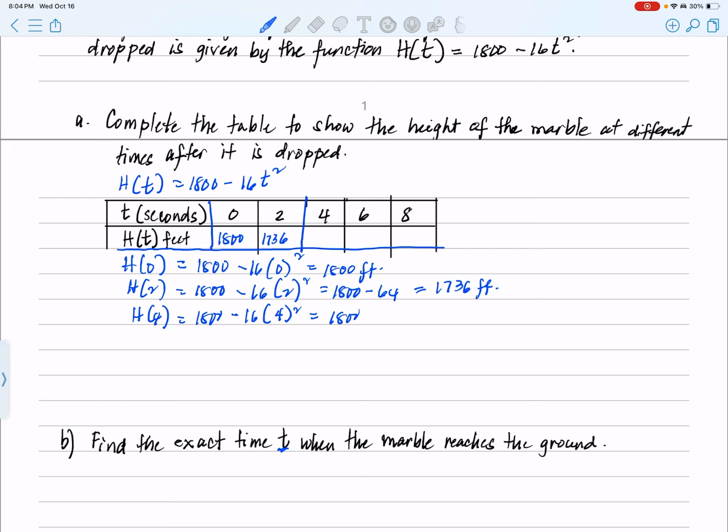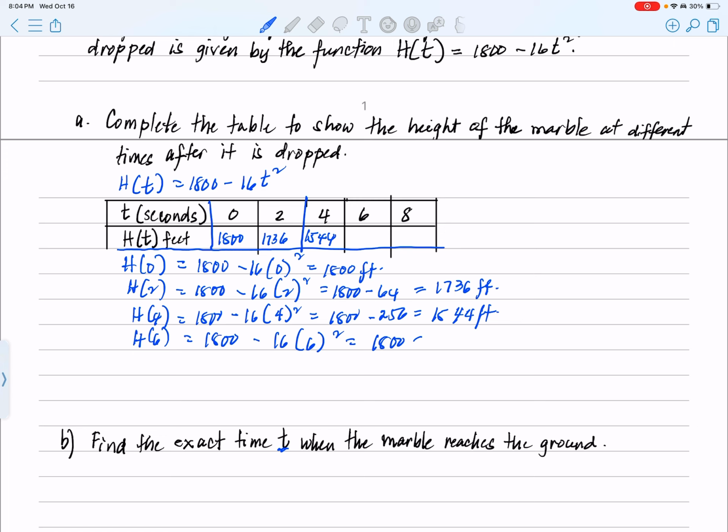That is 256. You subtract from 1,800, that would be 1,544 feet. So this is 1,544. When it's h of 6, so 1,800 minus 16 times 6 squared, it's 1,800.